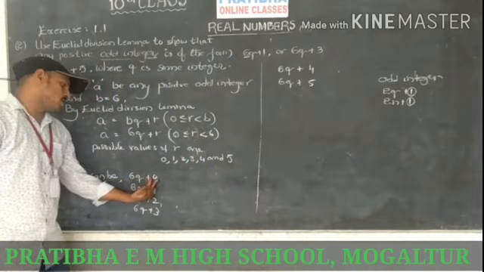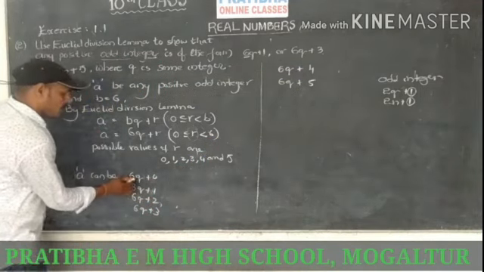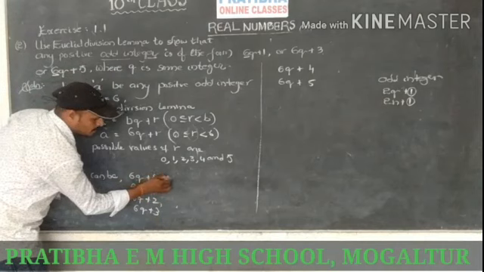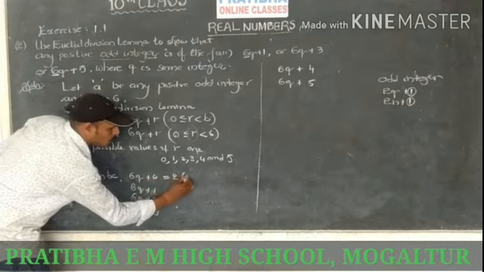We can write 6q plus 0, 6q plus 1, 6q plus 2, 6q plus 3. You can write 6q as 2 into 3q.